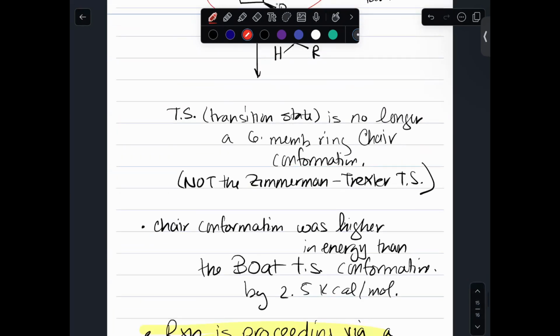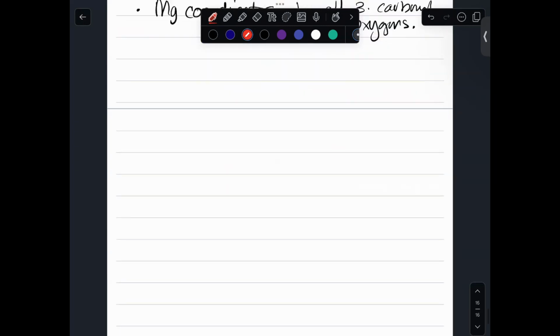And I'm just redrawing it. That's all I'm doing. It looks exactly like what I just drew above.